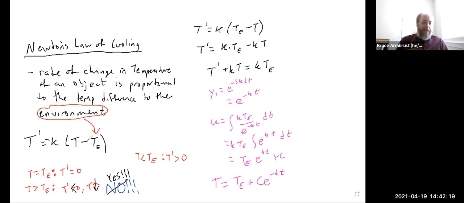So it was super easy to set up and actually not terrible to solve. I mean, obviously we still have to figure out what C is, but that's going to come from our initial temperature, right? And in fact, let's just go ahead and do that. Let's say that we've got T of 0 equals, we'll call it T naught.